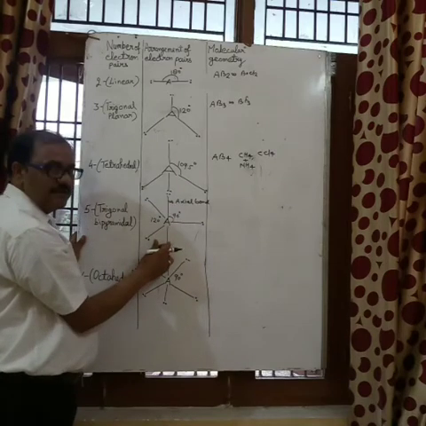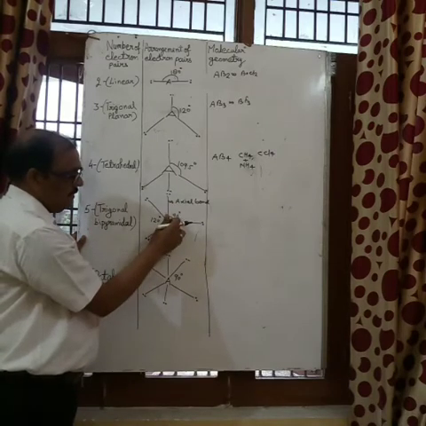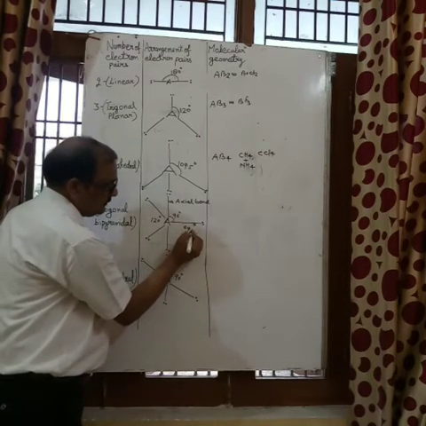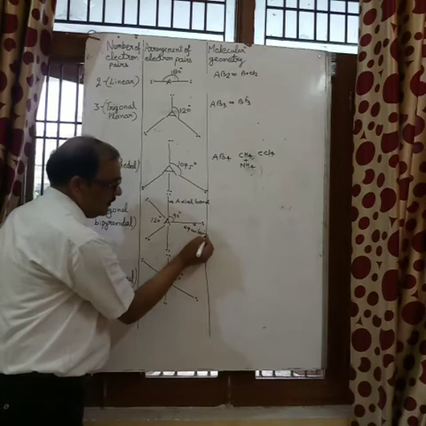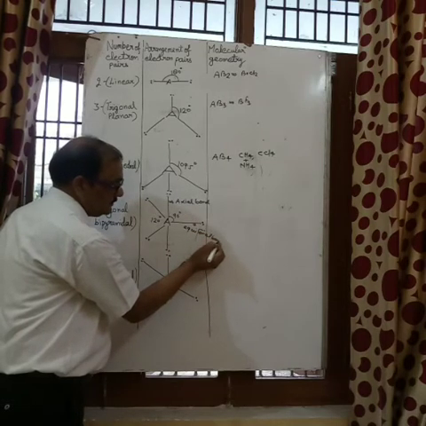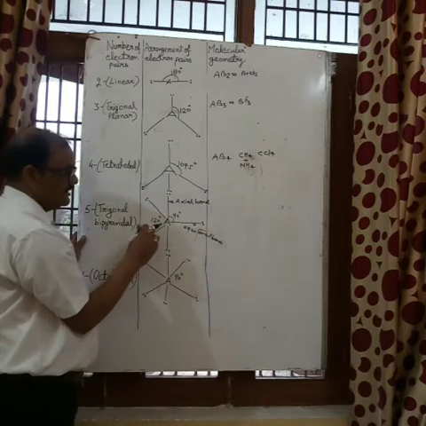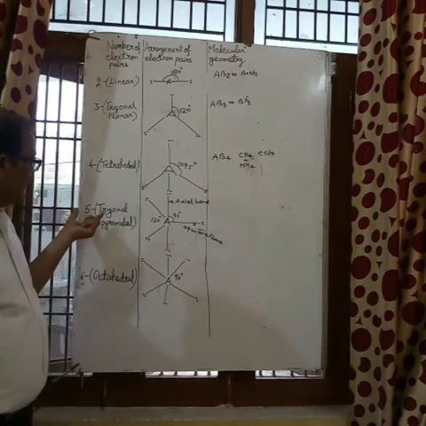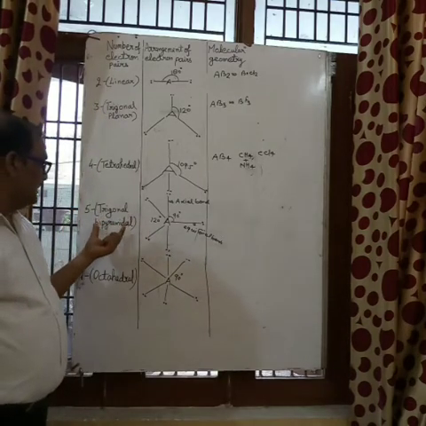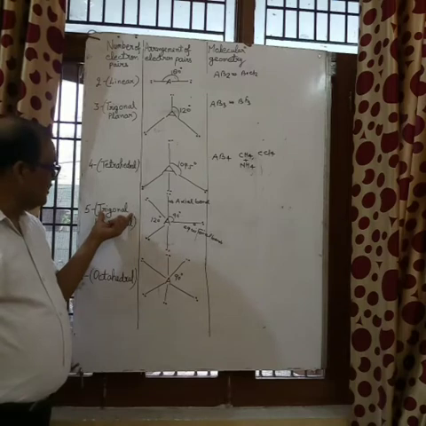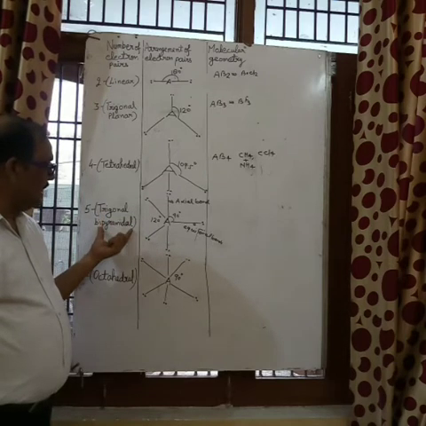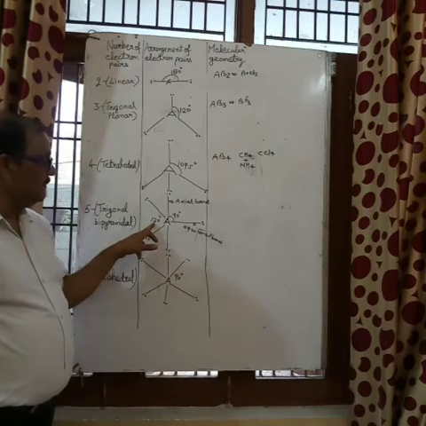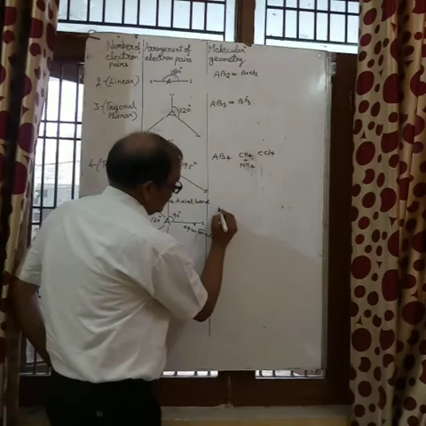There are 2 axial bonds with 90-degree bond angle, and there are 3 equatorial bonds with 120-degree bond angle. So if 5 pairs of electrons are present, the arrangement is trigonal bipyramidal, with 2 types of bond angle, 90 and 120 degrees.